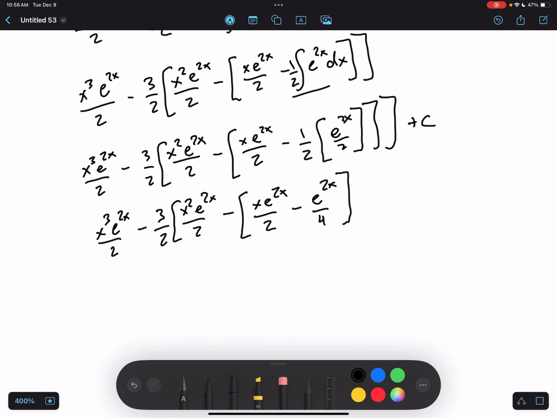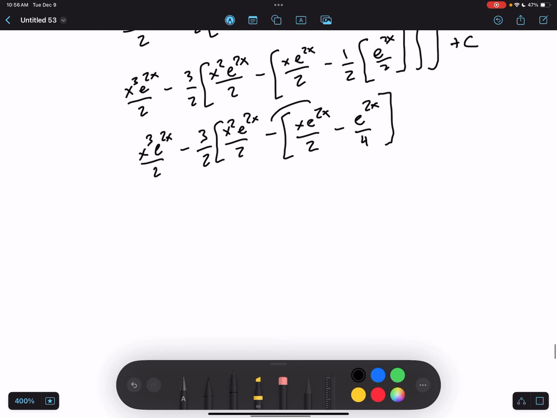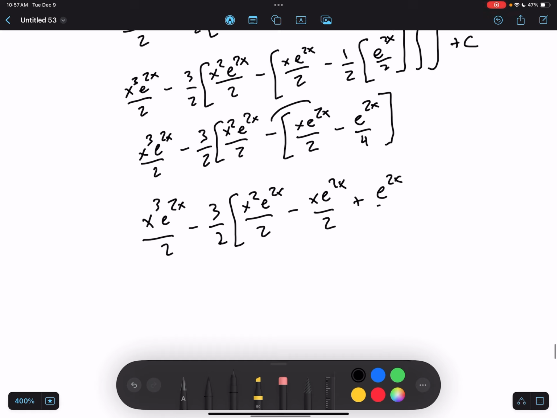And the rest of this is generally just distributing minuses and other factors there. So this should be quite simple. x cubed e to the 2x over 2 minus 3/2 times x squared e to the 2x over 2 minus x e to the 2x over 2 plus e to the 2x over 4.